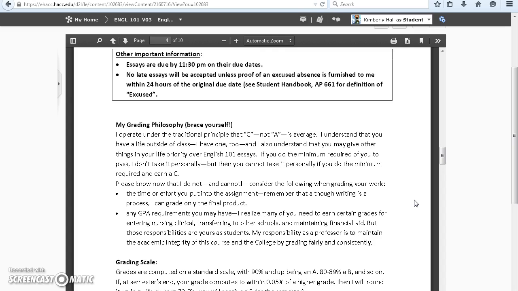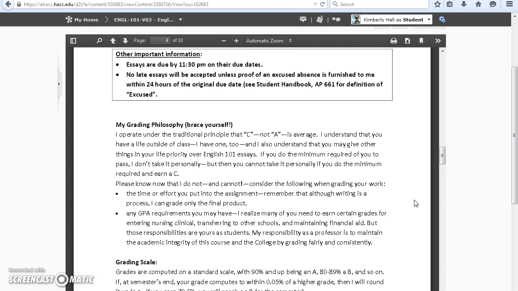Two things that I can't factor into my grading: I can't take into account how much time or effort you put into an assignment, because writing is a process, but I can only look at the product. I know a lot of you will work hard, but I can't take that into account.